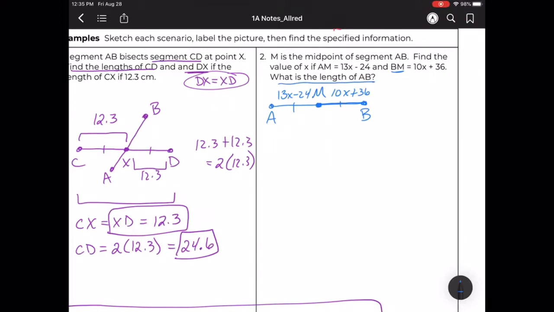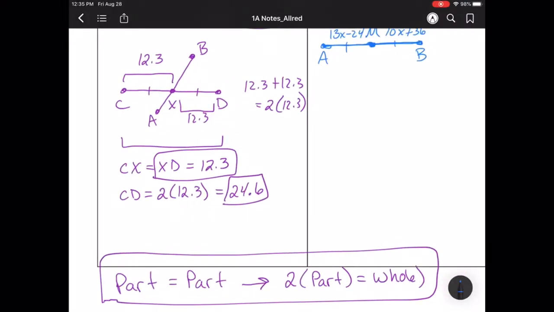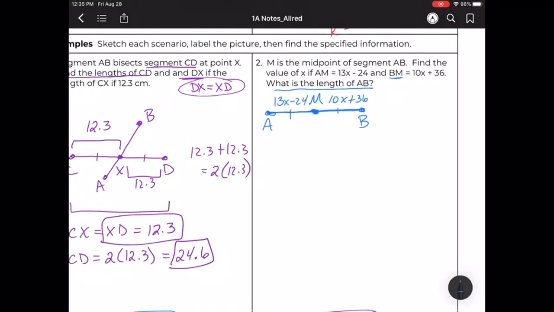What is the length of AB? So what I want you to do is pause the video, write an equation that relates these two parts. Remember this. Write an equation, solve for x, and then plug back in to find the entire length.